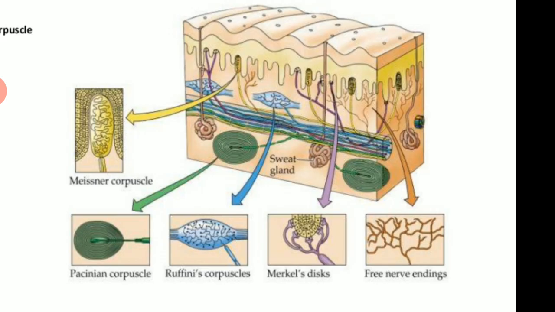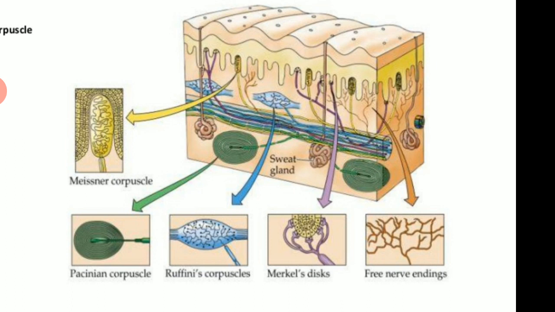The first node of Ranvier is also located inside the core. Several mitochondria exist in the corpuscles, indicating high energy production.